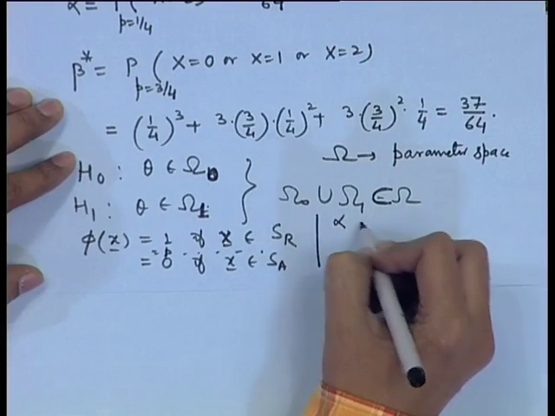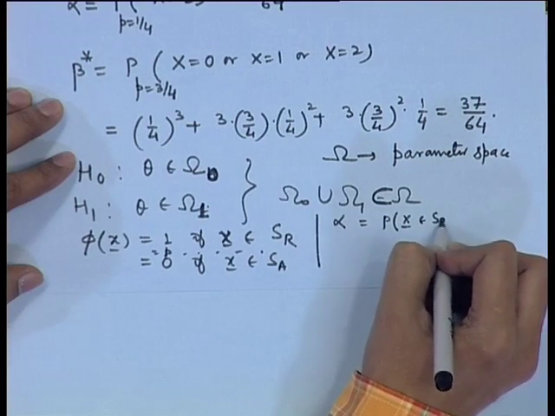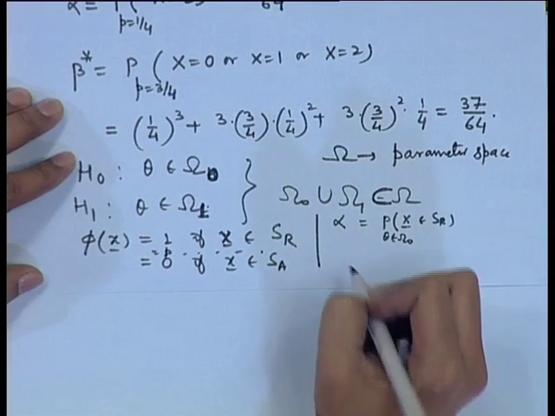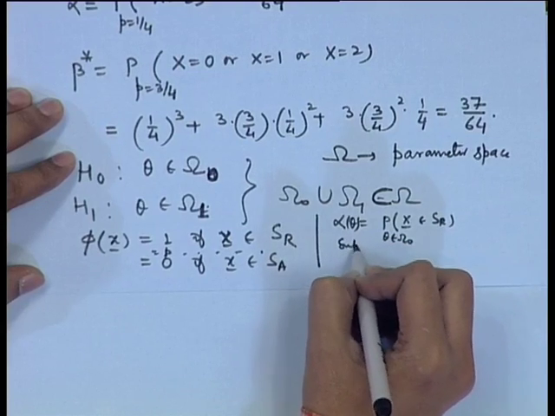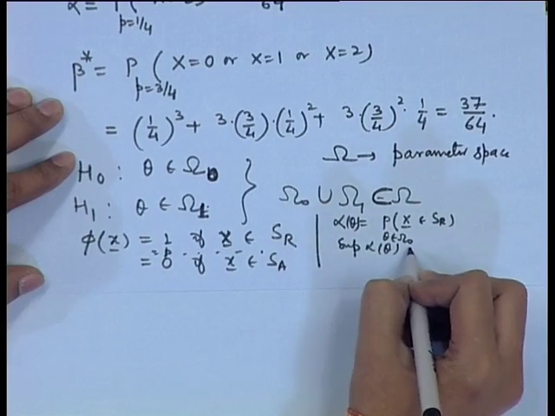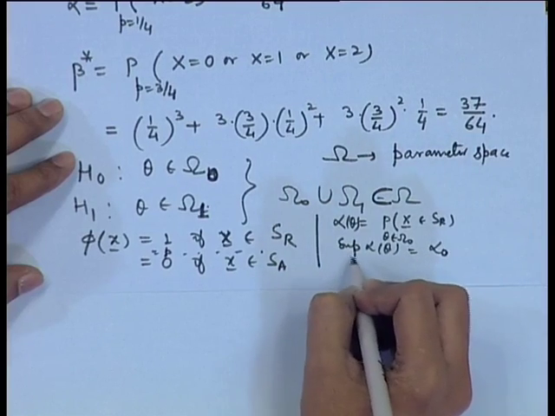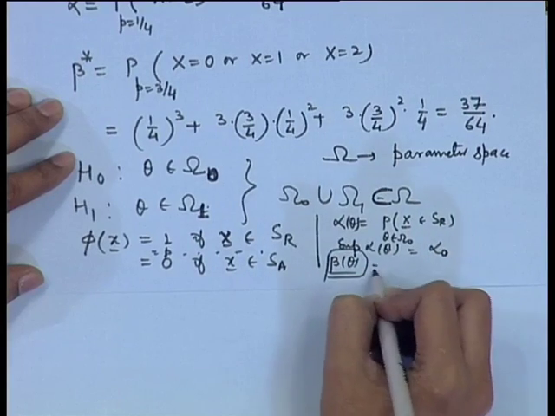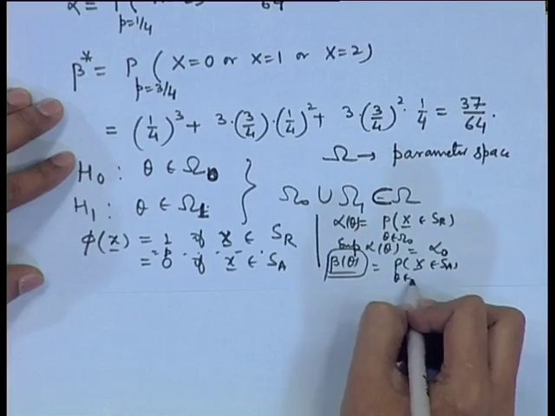So the probability of type 1 error, that is the probability that x belongs to S R when theta belongs to omega naught, we take the maximum of this. So the supremum of alpha(theta), let us call it, say, alpha naught or alpha star, we choose that and then we try to minimize beta(theta), that is the probability of x belonging to S A when theta belongs to omega 1.